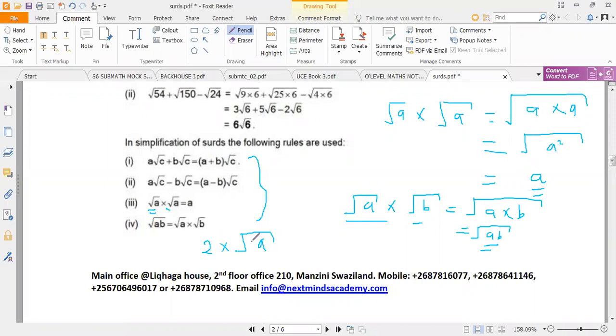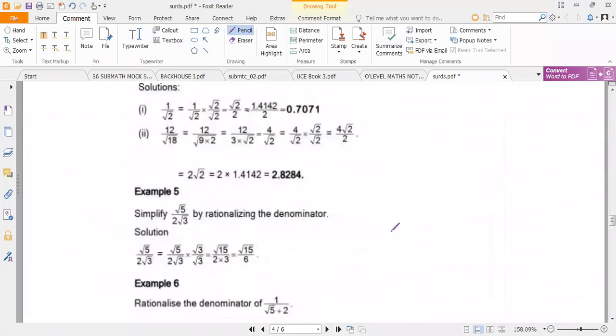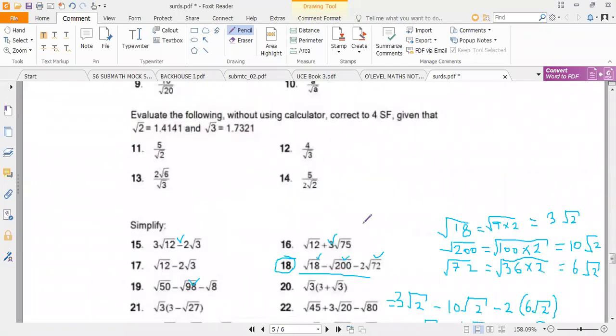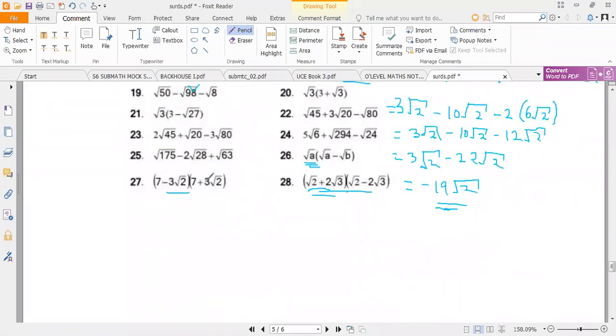So the 2 just multiplies with the root a, and we end up getting our answer as 2 root a. That is, 2 does not go under the square root. So basically that is what happens when we are multiplying. So this question here is testing us on the use of that knowledge from up there.